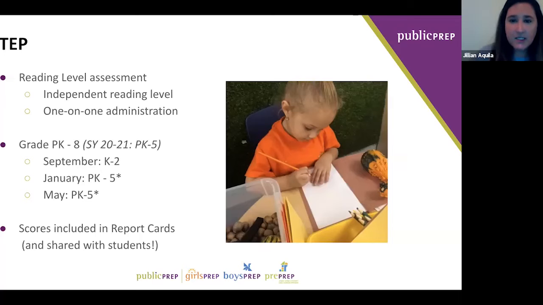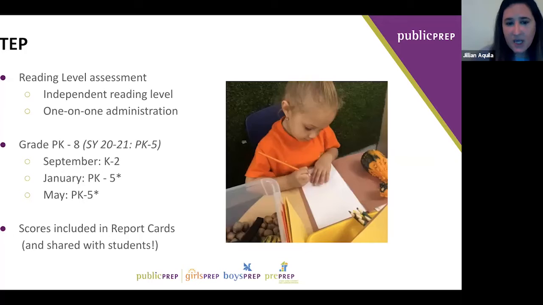For younger kids, it's sometimes practicing rhyming words or identifying letters. In the older grades, they have to be able to synthesize a text and compare two texts. There's also some writing activities on there. So it's a really good way to determine what they're working on and what they're able to accomplish independently.